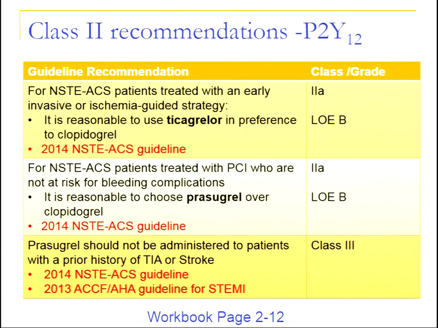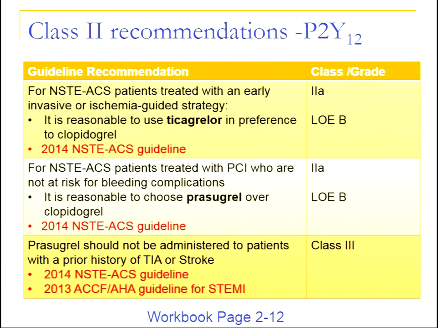Now, the guidelines also give preference to ticagrelor and prasugrel over clopidogrel. It's a 2B recommendation, so it's not class 1, but the reason is they're more potent antiplatelet agents. They are going to be more effective, but with that comes an increased risk of bleeding.